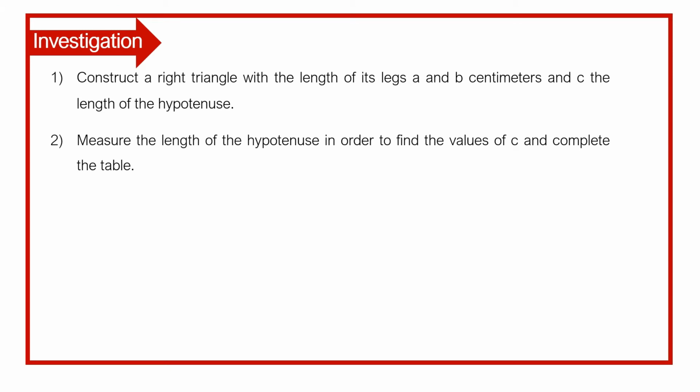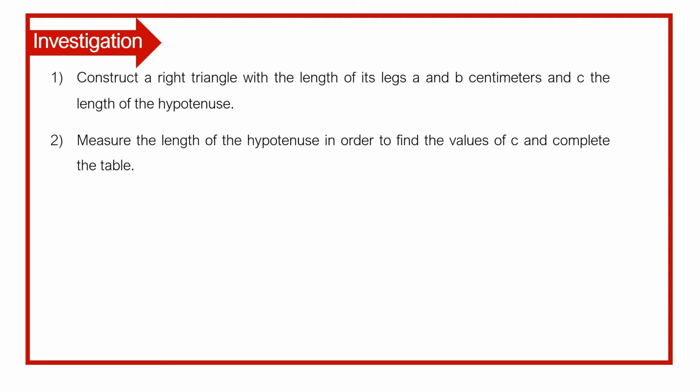Okay, so let us do an investigation to find out what Pythagoras' theorem is. Step 1, you will construct a right triangle with the length of its legs a and b in centimeters, and c that will be the length of the hypotenuse.